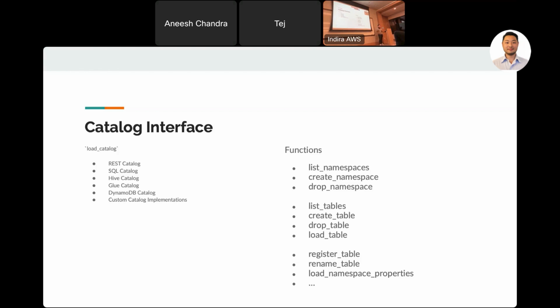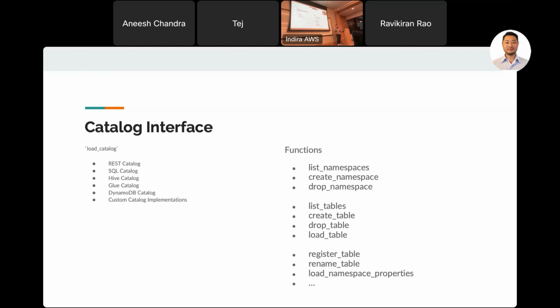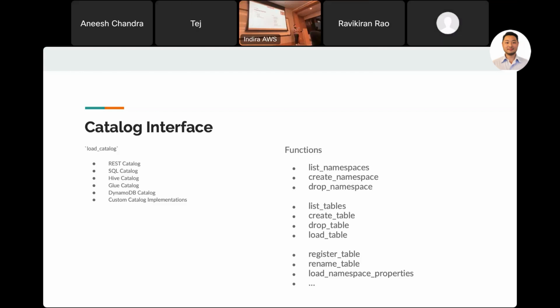One is the REST catalog, which means you're talking to a catalog service in a RESTful manner over HTTP. There's also the SQL catalog, which is backed by a database, and then Hive catalog, Glue catalog, DynamoDB, and a custom catalog implementation if you want to make your own. Someone came up to me and wanted to do a DuckDB one, which is super interesting. And it's an interface, so let's talk about its functionalities.